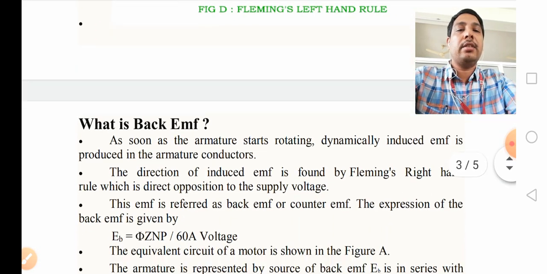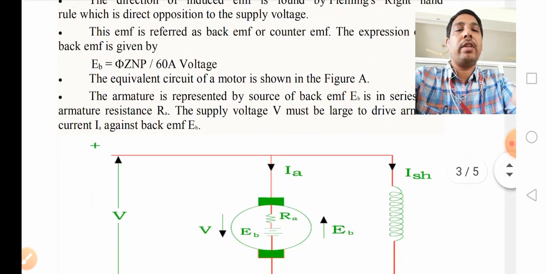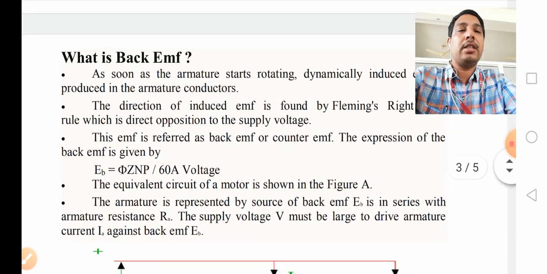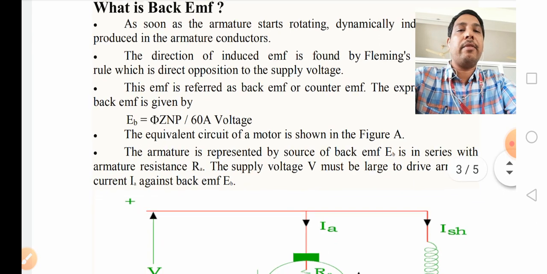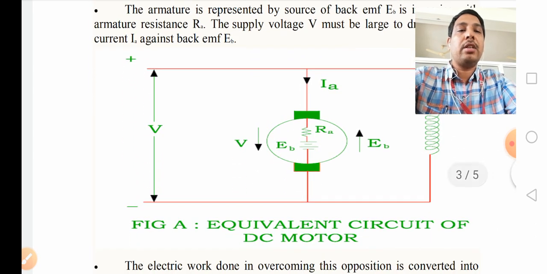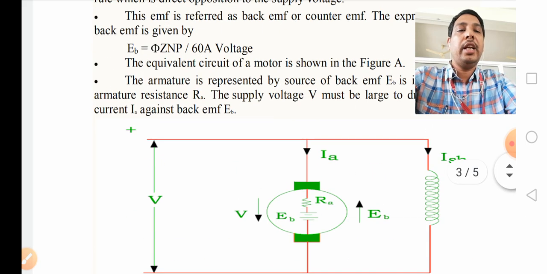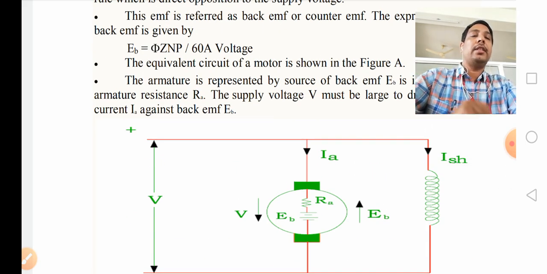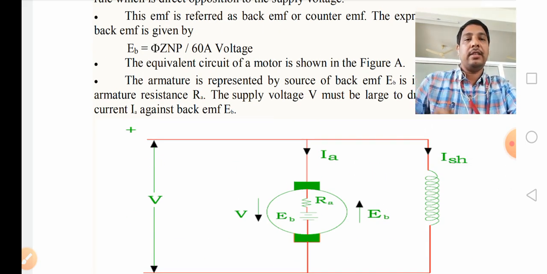From these we can say what the importance of the back EMF is. Next we moved on to the representation of the equivalent circuit, the same as that of the DC generator.